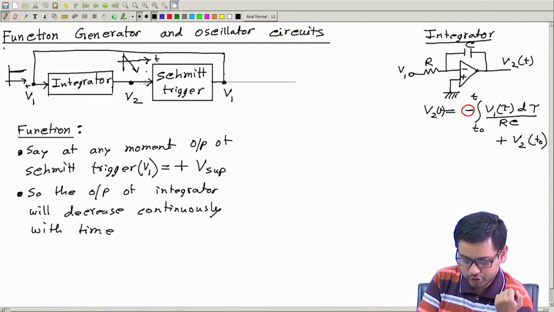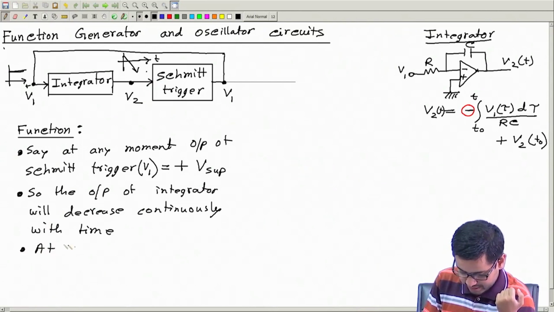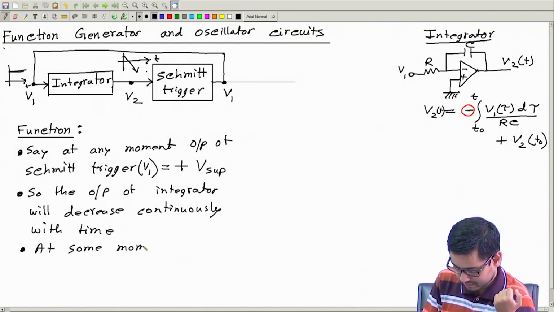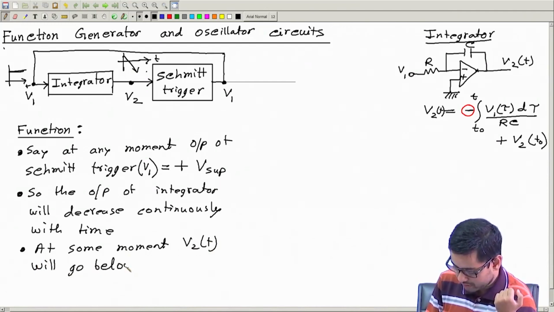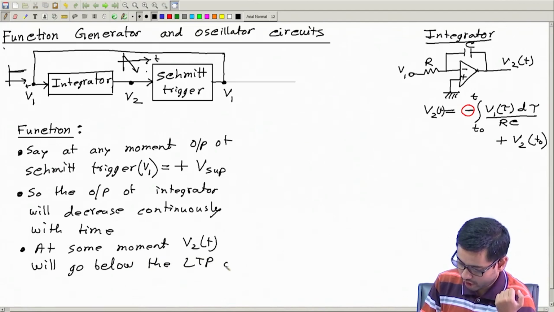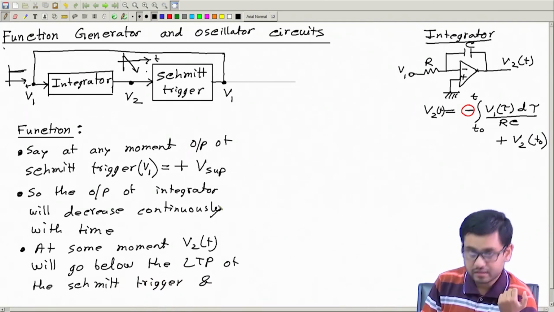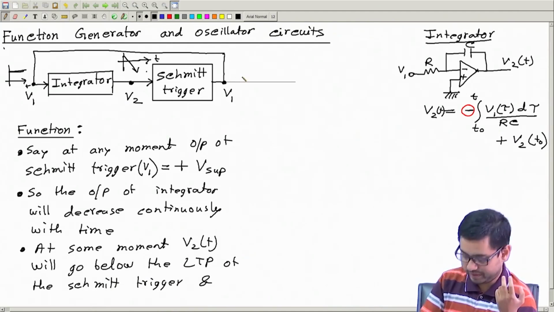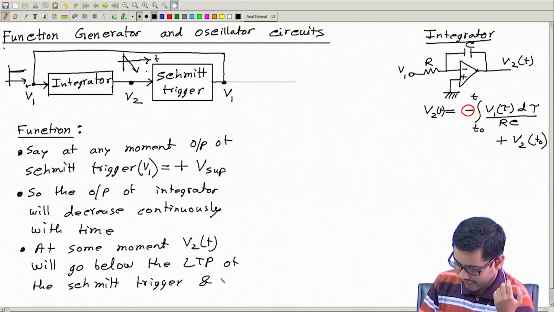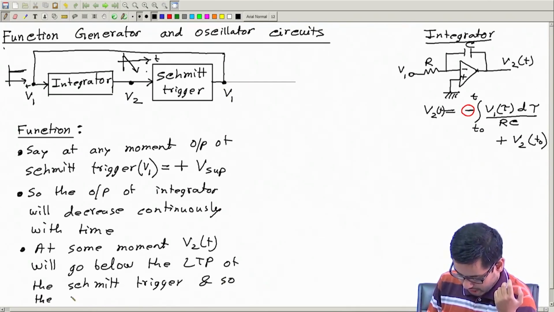And so if the input is going down continuously, then at some moment this V2(t) will go below the lower trigger point of the Smith trigger, which will change the output of this Smith trigger.